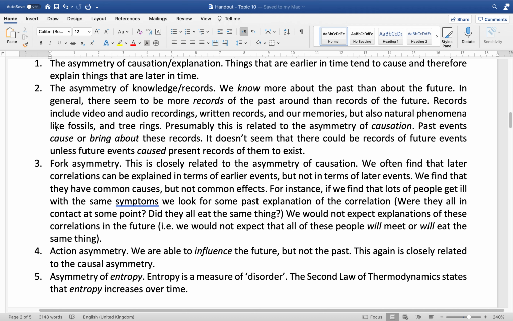This fork asymmetry is the fact that we often find that later correlations can be explained in terms of earlier events, but not in terms of later events. In other words, correlations can be given explanations in terms of common causes, but not in terms of common effects. That's rather abstract. Consider an example. Reichenbach gives us a very similar example. Suppose that we find that lots of people get ill with the same symptoms.